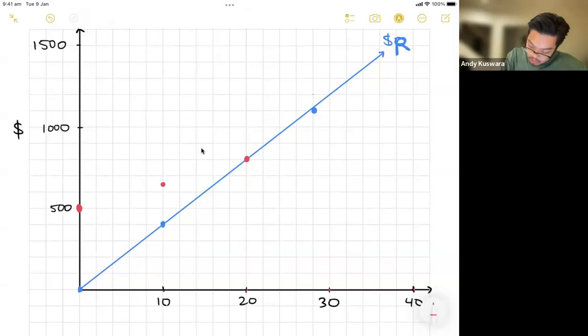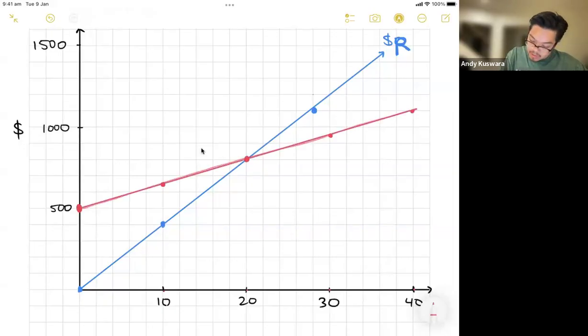This one will be plus another 150. And then this one here will be another 150. Did I do that right? Yes, I did. And if I've done this correctly, everything should line up in a nice straight line. And that there would be my line for my cost.